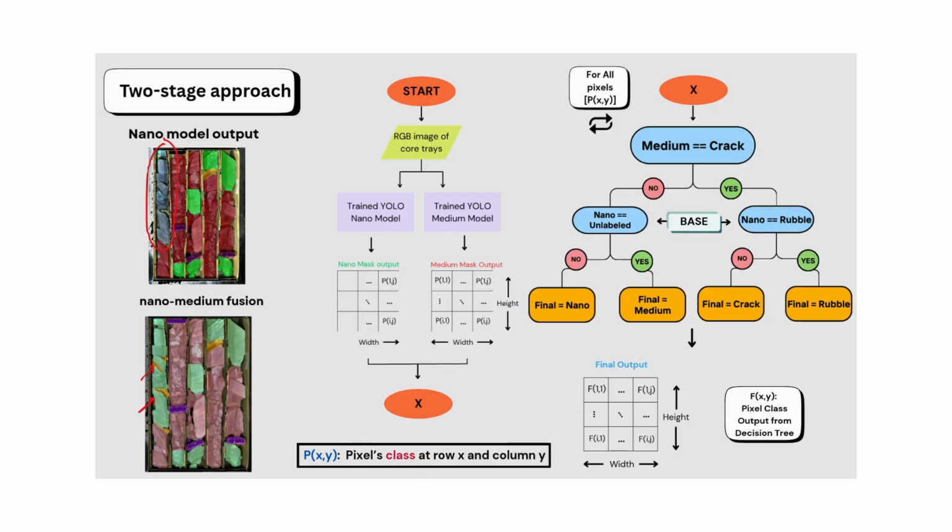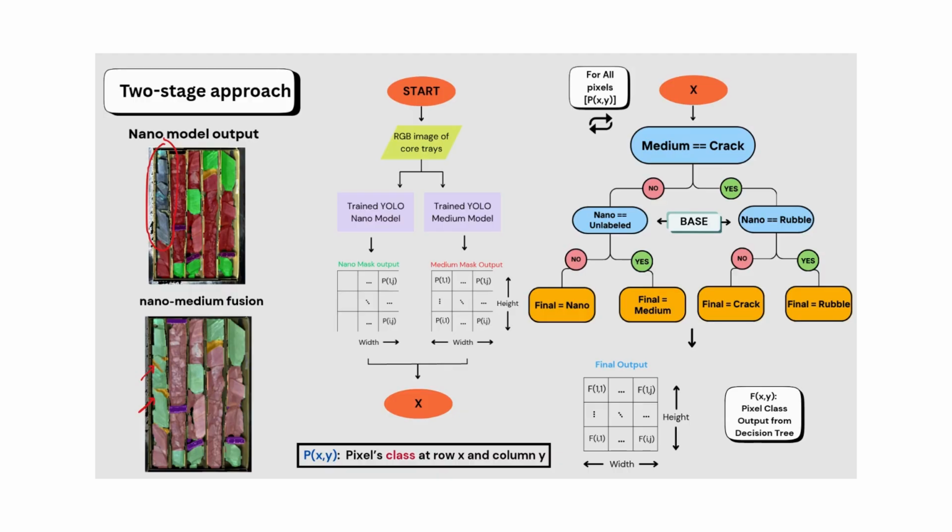And so this branches if the medium was crack. What if it was not? What if it was something else? Then we look at the nano. Was it labeled or not? If it was unlabeled, as shown in the left side image, highlighted in a red circle, we would then fill in whatever the medium model was, whether it was core, crack, rubble, or anything else.